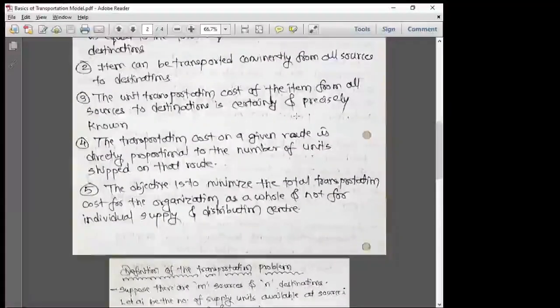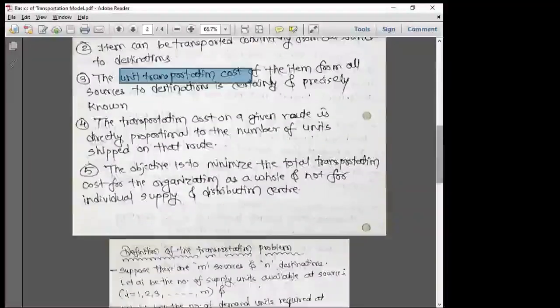To know the total transportation cost and for further optimization of it, we at a basic level require the unit transportation cost of that product from all the sources to all the destinations, right? So this data is precisely known.